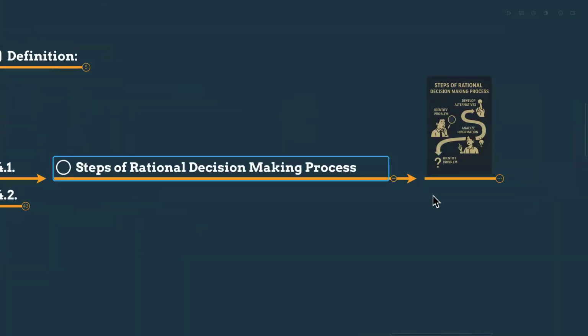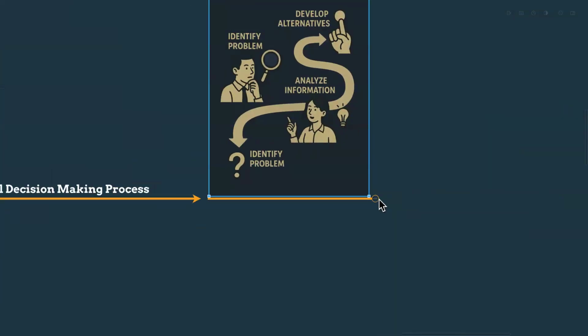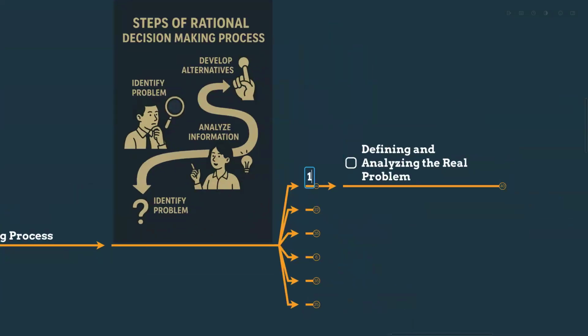So, the steps of the rational decision making process. What are the steps in rational decision making? We can consider the first step, second step, third step.